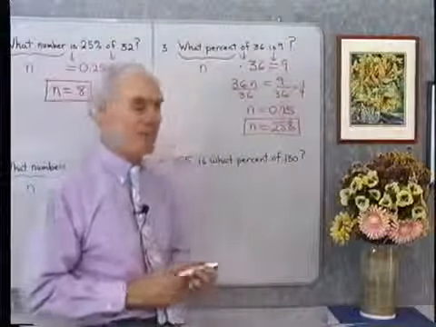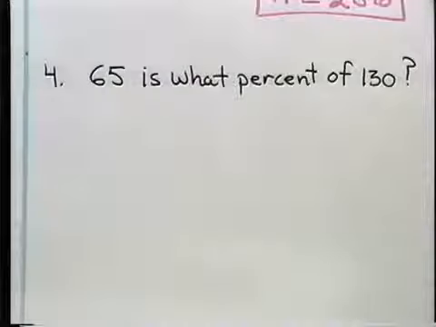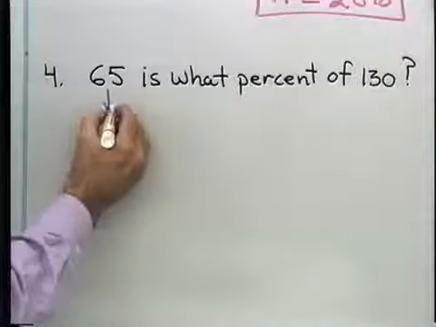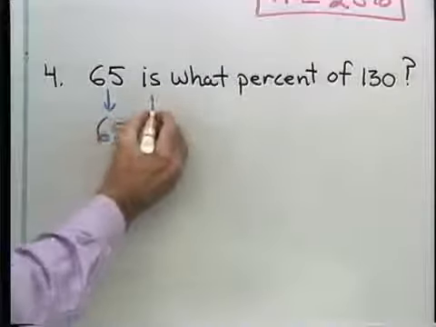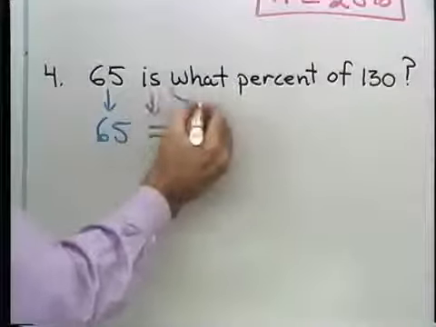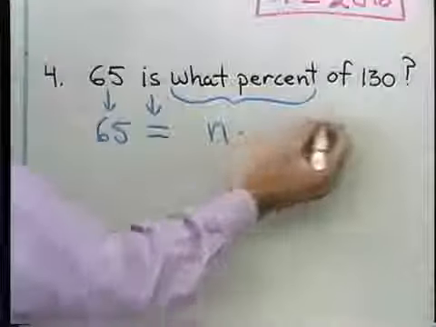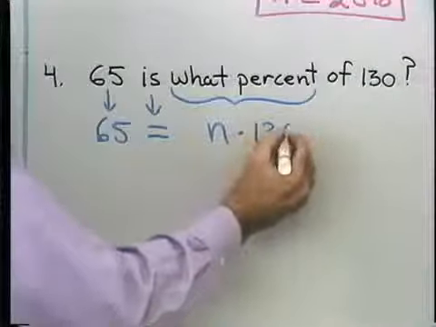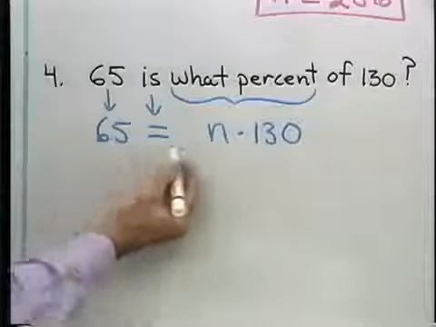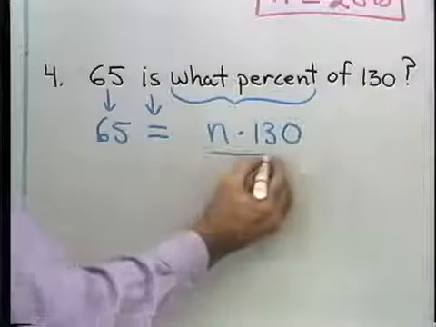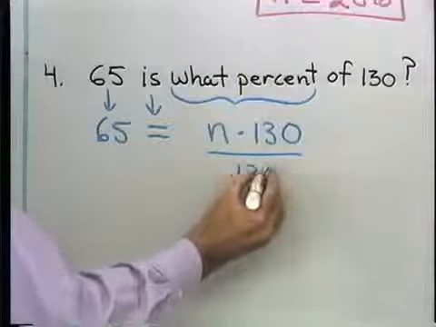Let's look at our next example. 65 is what percent of 130? Let's continue to translate mechanically here. 65 is what percent, so n, times of 130. So I end up with 65 equals n times 130. I'll divide both sides by 130.